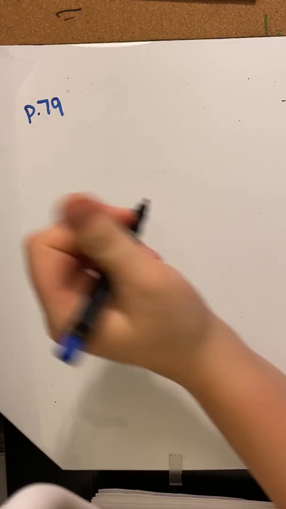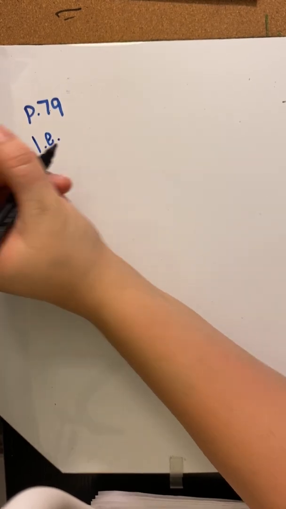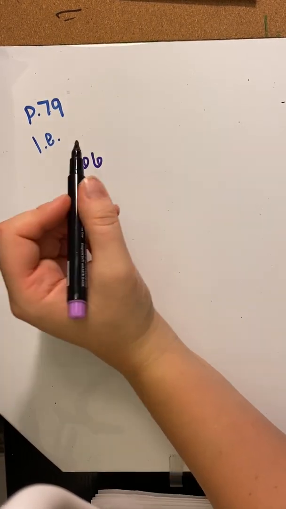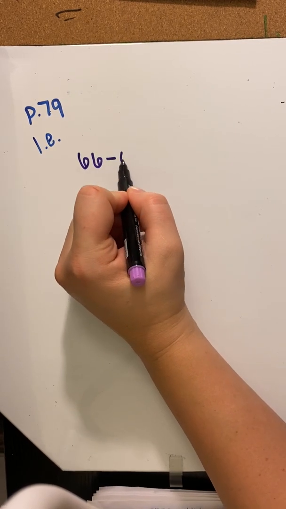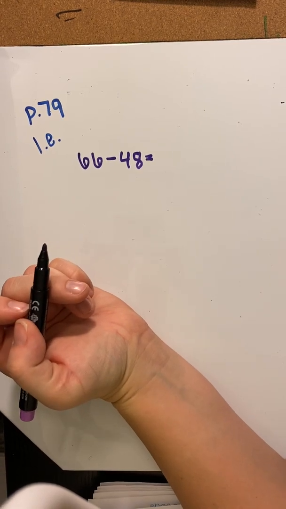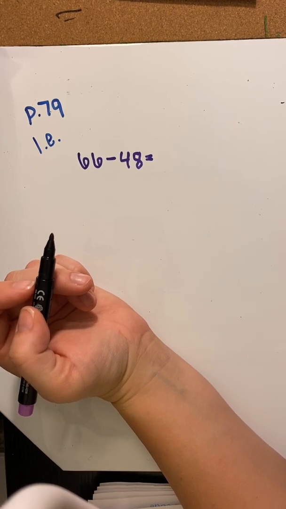Okay, so still on page 79, we are going to walk through. Let's go ahead and do E, okay? So here we are going to have 1E. And this problem says 66 minus 48. Okay, so what is our first move we need to make?